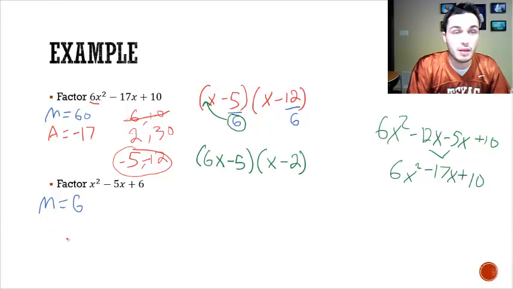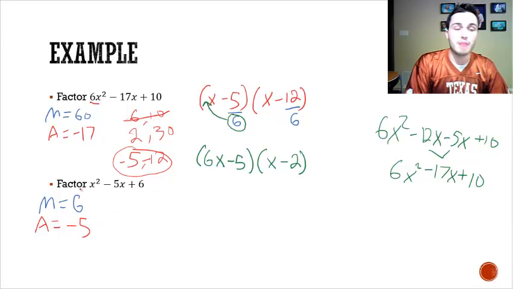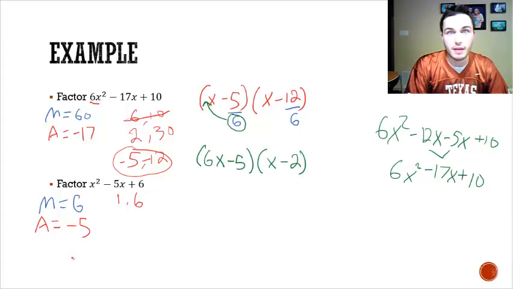And my add number is always the middle number, which is negative 5. So what two numbers multiply to make 6? I can think of, of course, 1 and 6. But while I can subtract 6 minus 1 to get 5, I can't make both of these negative to make it negative 5. So it's not going to be these.